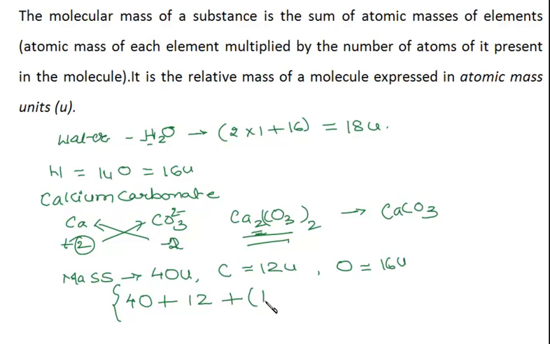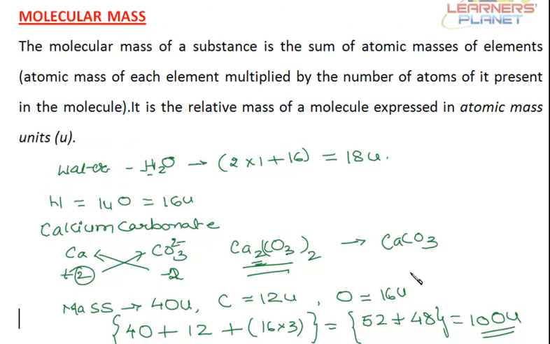So it would be 16 into 3. 40 plus 12 will be 52, 52 plus 48. So the mass will be 100 units.